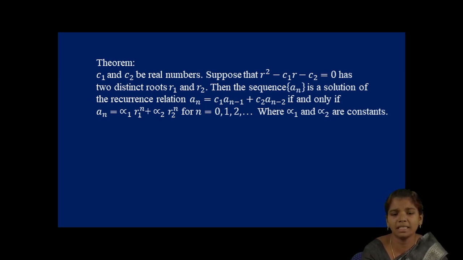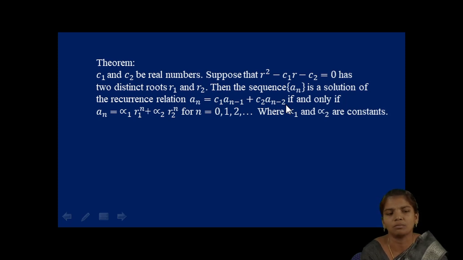Here our recurrence relation is a_n equal to c1 a_(n-1) plus c2 a_(n-2), and the sequence a_n is a solution. The characteristic equation is r squared minus c1 r minus c2 equal to 0, where c1 is the coefficient of a_(n-1) and c2 is the coefficient of a_(n-2).